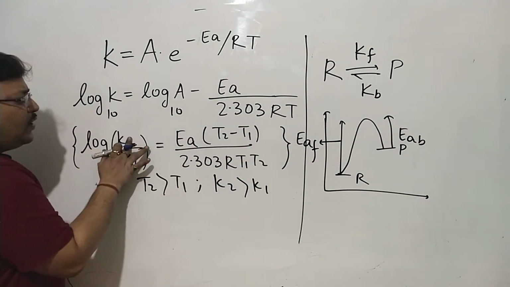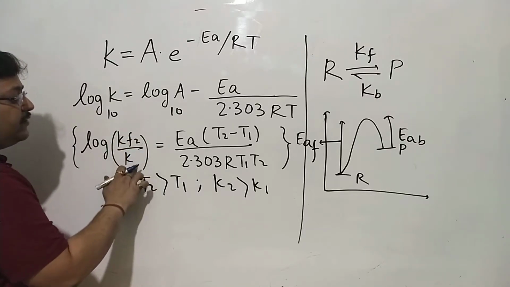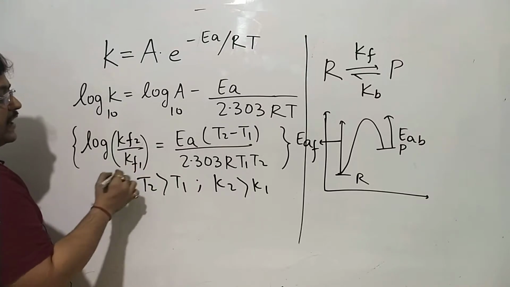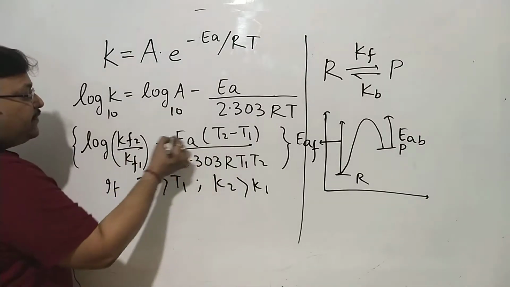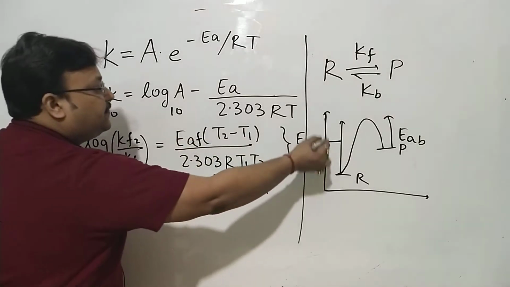Now we'll want to see how Kf changes if the values are Kf2 and Kf1 at two different temperatures, Kf1 at T1, Kf2 at T2. We'll naturally want to put EAF here, the activation energy forward.